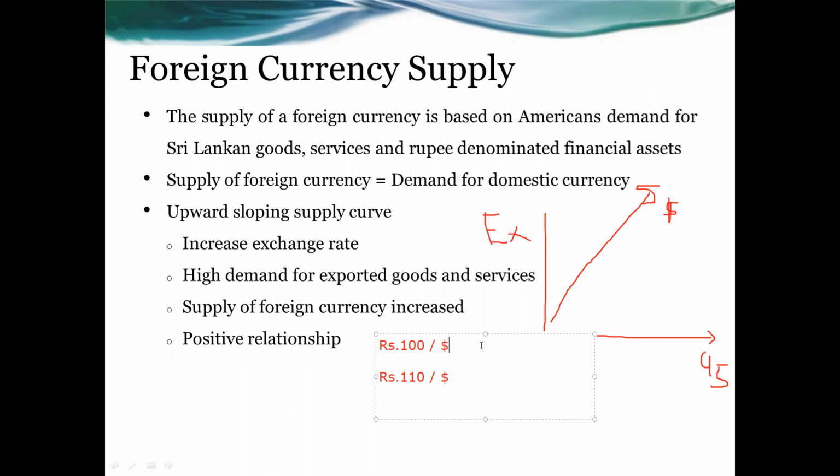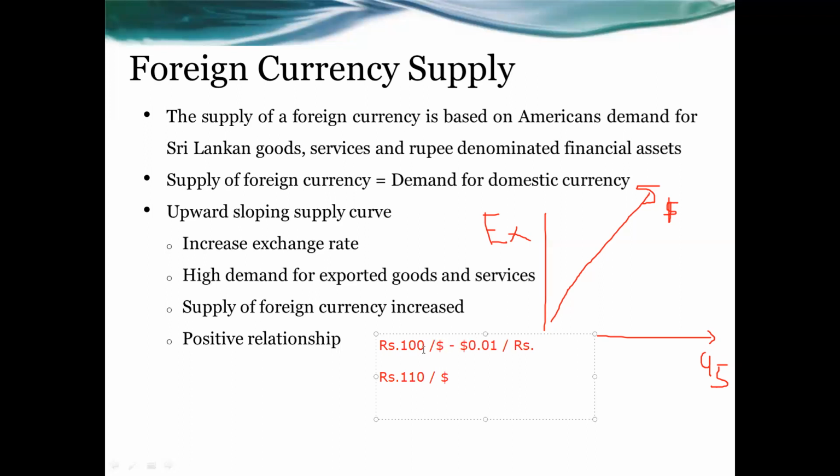Now here again, if we write this the other way around, what we can see is the dollar per rupee, 0.01. Earlier our exchange rate was 100 rupees per dollar.